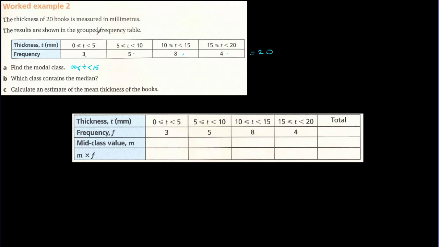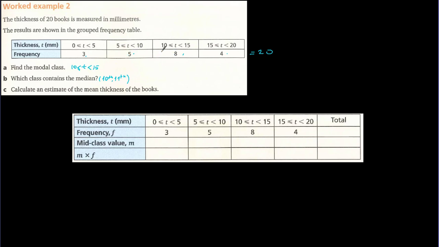Okay, which class contains the median? As you see here, we are going to decide with respect to the 10th and 11th one, because there are 20. Here there are 3, then 5, total 8.